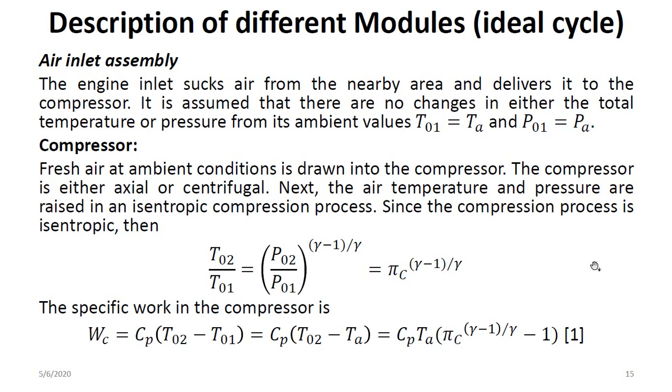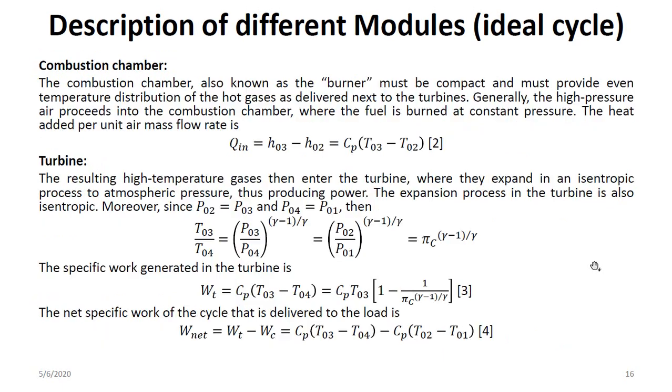And in this same equation, if you divide through by TA inside the brackets, you can get this equation, and you substitute the pressure ratio, and it's the same equation but written in a slightly different way. So sometimes you might not be given the temperature, but you could be given the atmospheric temperature and the pressure ratio, and you could be asked to calculate the specific work done in the compressor. So you should use this equation.